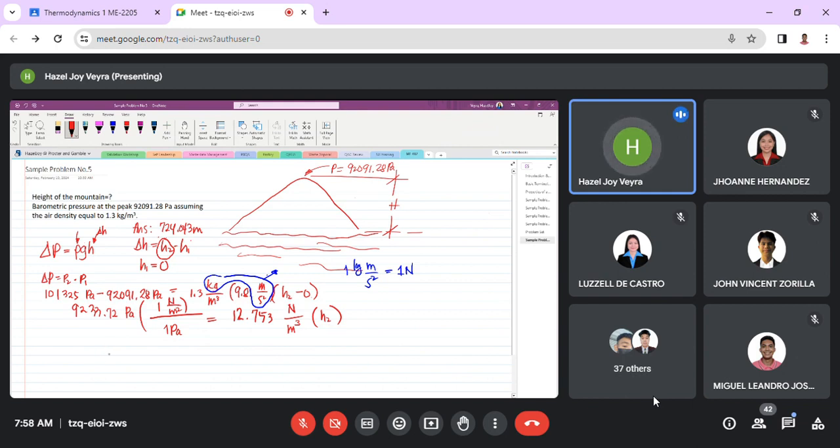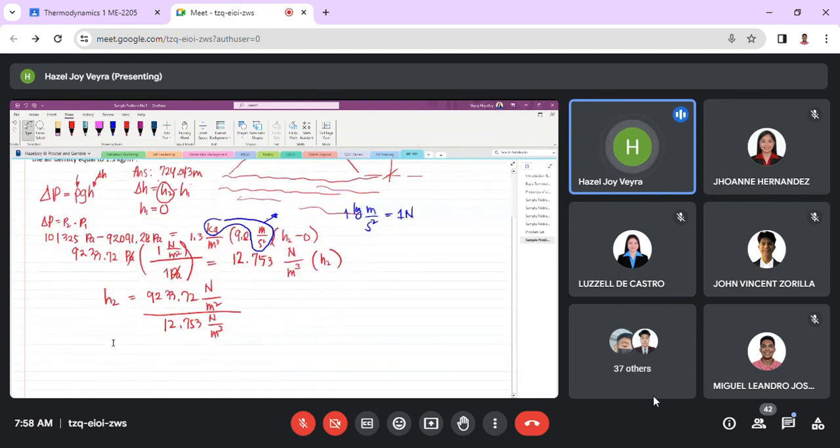Okay, so we'll have H2, or the height of the mountain, will be equal to 9233.72 Newton per meter squared, all over 12.753 Newton per meter cube.